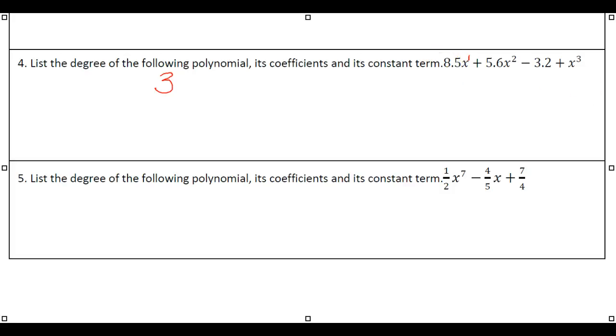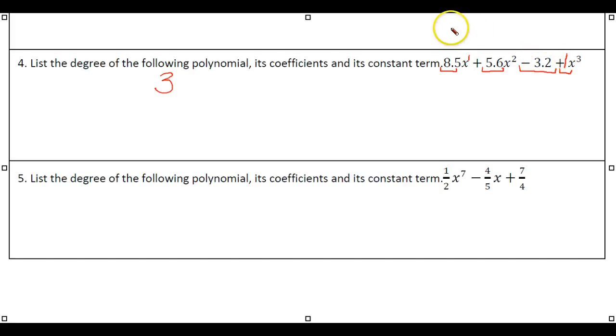Now the coefficients, here it would be 8.5, 5.6, a negative 3.2. Now this one doesn't look like it has one, but remember we said there's always a 1 there. And the constant term in this case is the negative 3.2, since it doesn't have a variable.